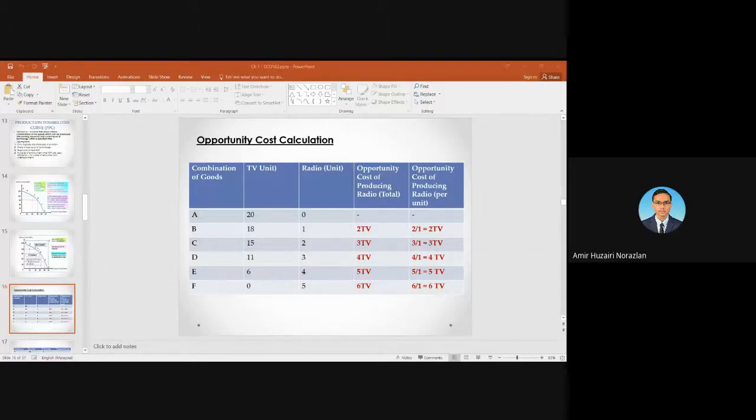Oh, tak ada lagi ya. Okay. Ada tak? Ada. Okay, so awak boleh compare.